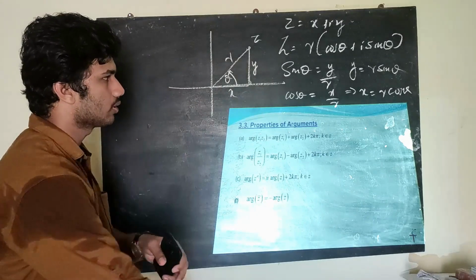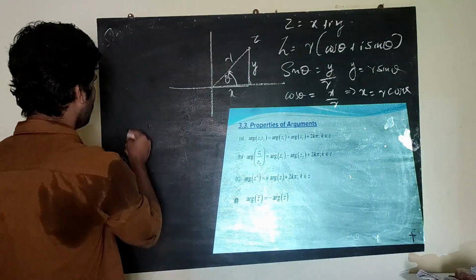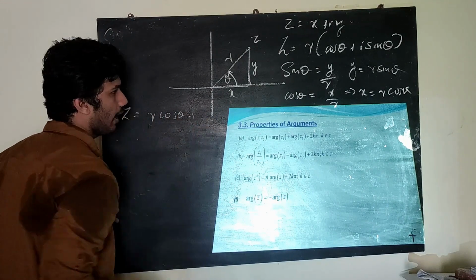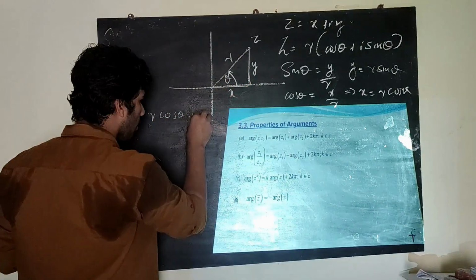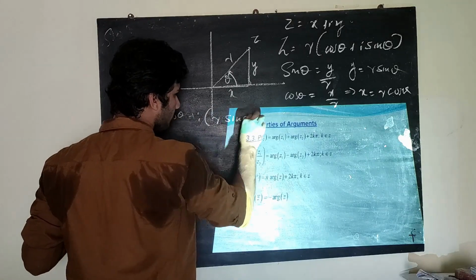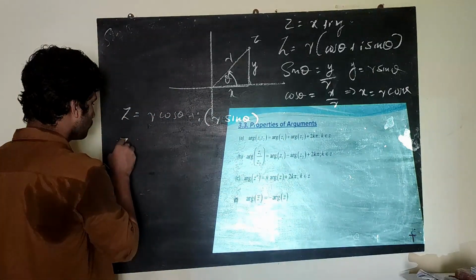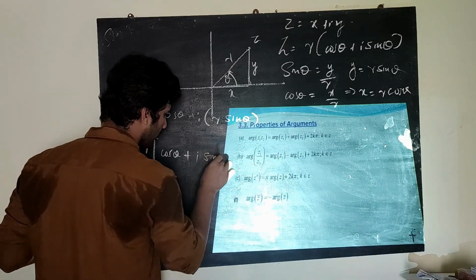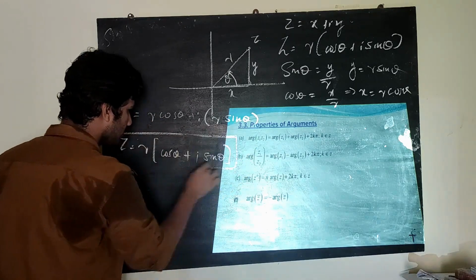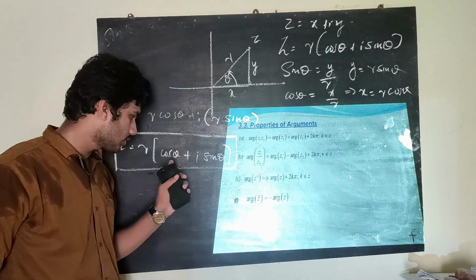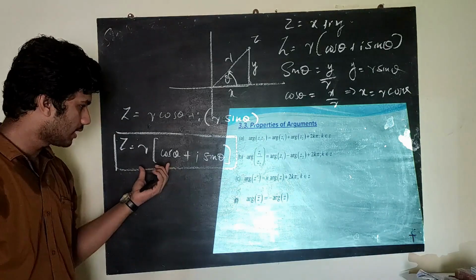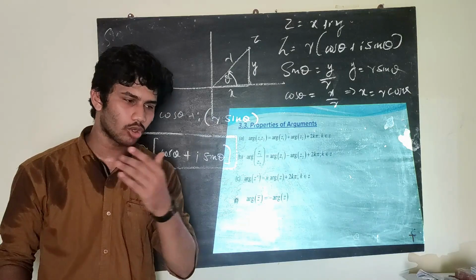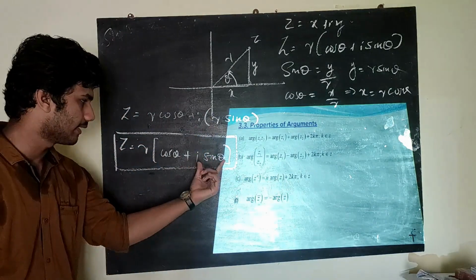Now when I add both and represent there, x is equal to r cos theta and y is equal to r sin theta. Taking r outside, so z is equal to r into cos theta plus i sin theta. So this is what is called the polar representation. r is the distance to the origin, cos theta is the first part, sin theta is the second part. So the general representation is r into cos theta plus i sin theta.